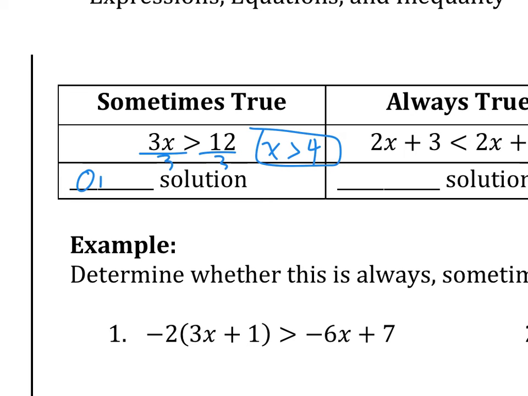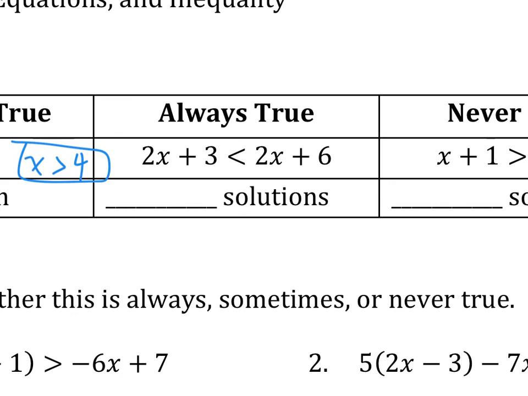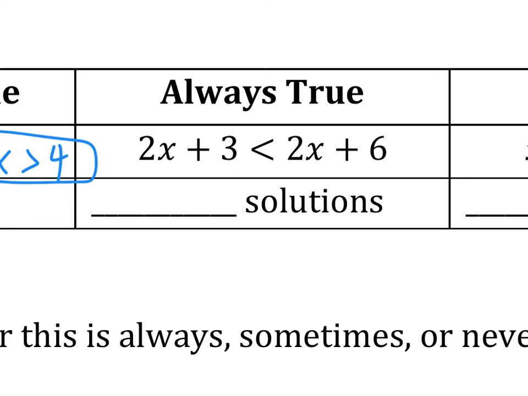So basically when there is one solution, meaning if you can solve it, then it's sometimes true. So it is pretty much identical to the previous section like that. Next one, always true. In this kind of problem, just like before, if you try to solve it, then you would subtract 2x on both sides. You get 3 is less than 6.